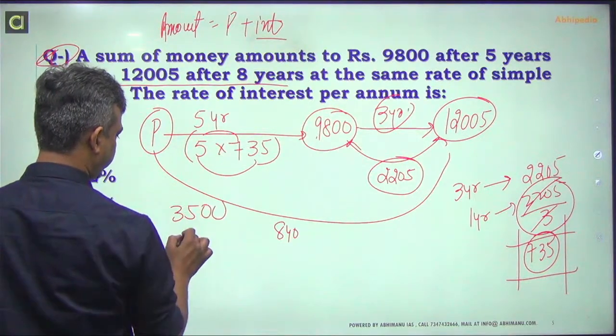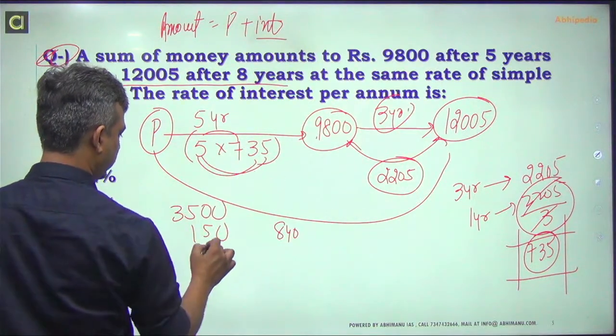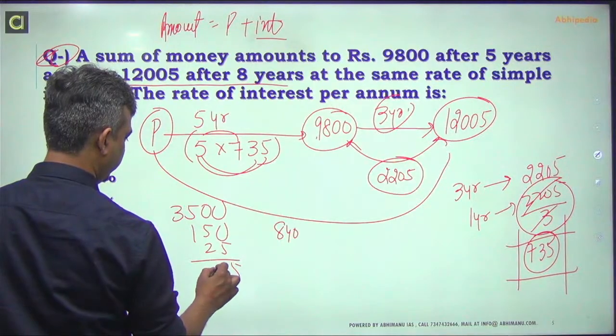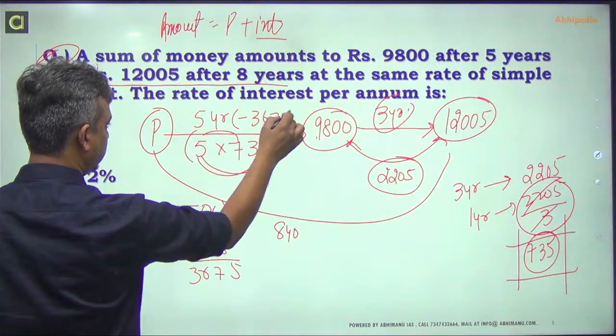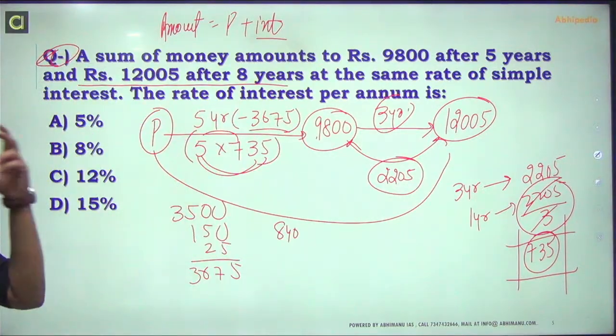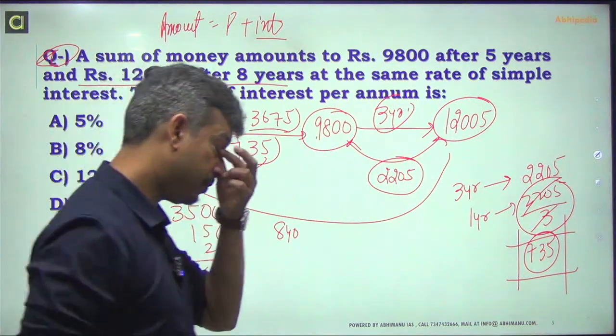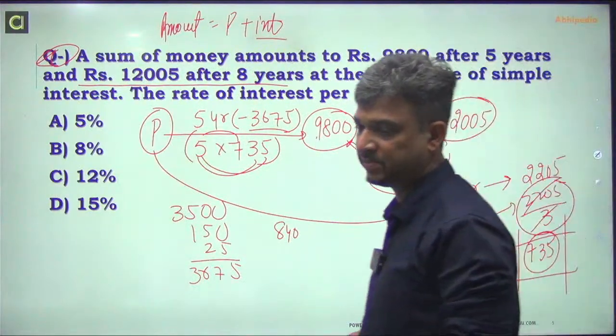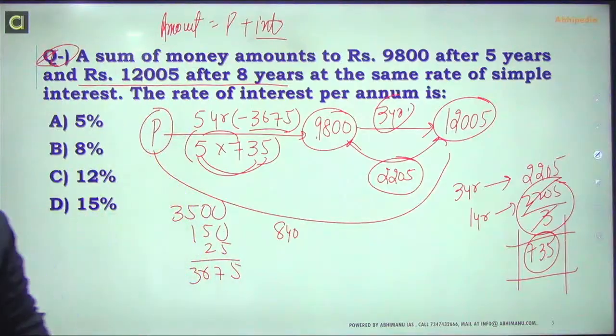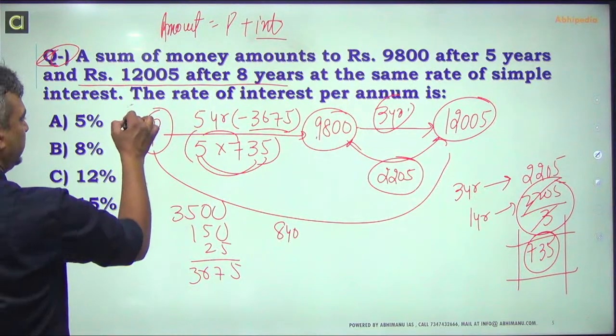So the value is 3,675. Now just subtract: 9,800 minus 3,675. Tell me the value. It becomes 6,125, I think.